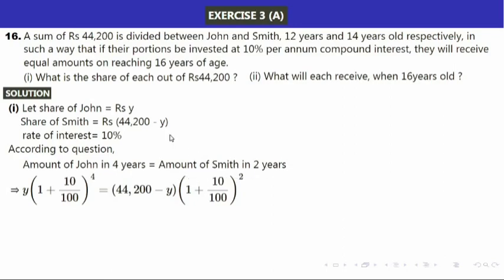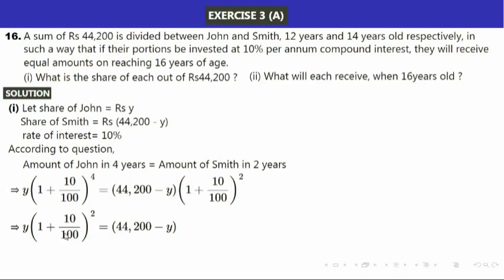For Smith, the principal is 44,200 minus y, into (1 + r/100) to the power n, with time 2 years. We have the same quantity on both sides, so the power 4 and the square cancel, and only the power 2 is left.